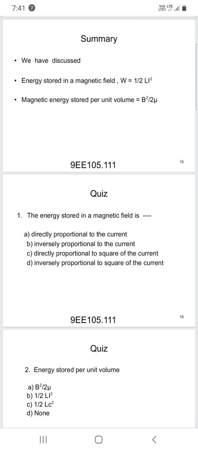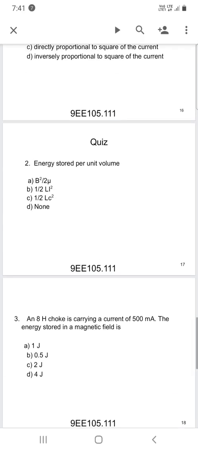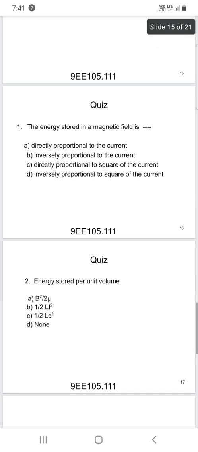So in today's class we discussed the energy stored in the magnetic field. W is equal to half L I square, and the energy stored per unit volume is equal to B square by 2 mu. Some quiz questions are given here.